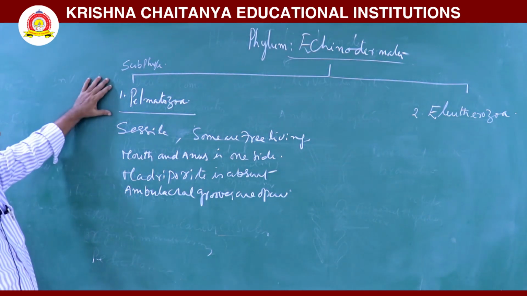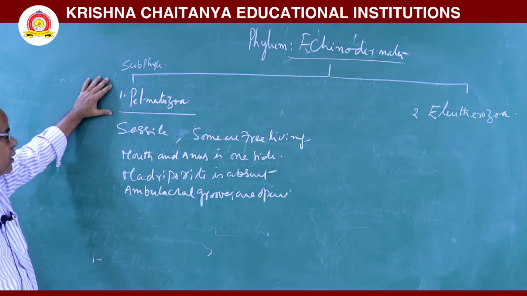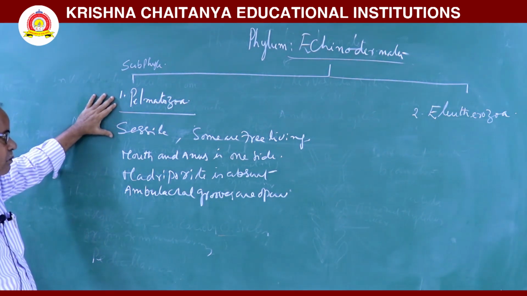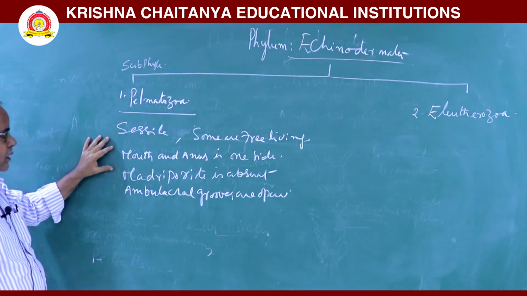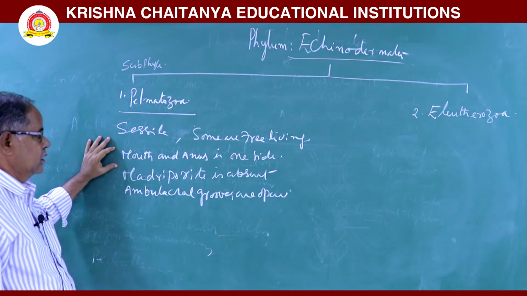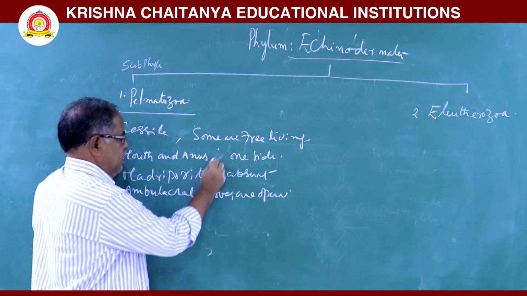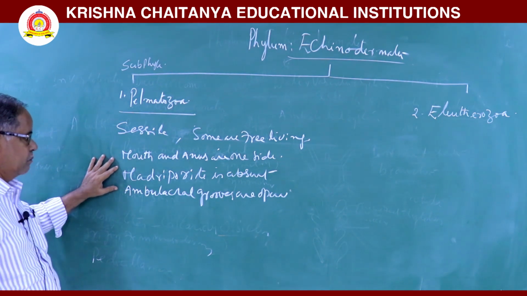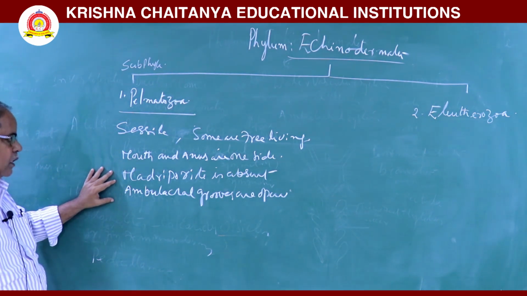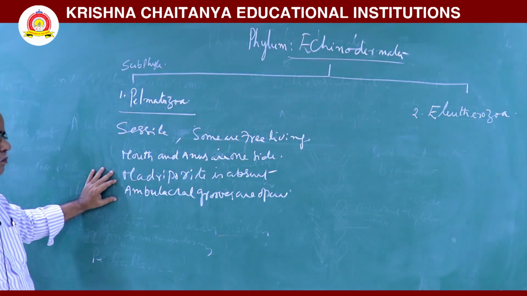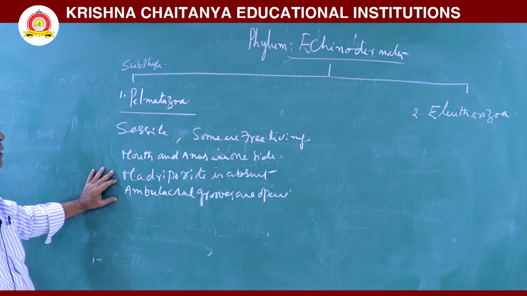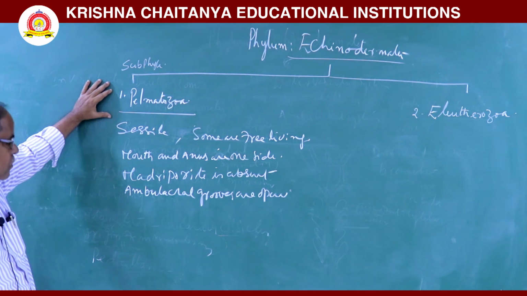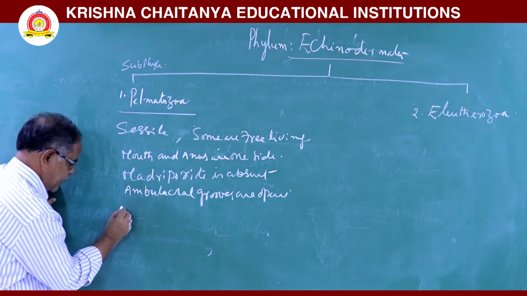In subphylum Pelmatozoa, some are sessile animals, some are free living animals. Mouth and anus are present on one side. The madreporite is absent. Ambulacral grooves are open. In this subphylum, only one class is there.